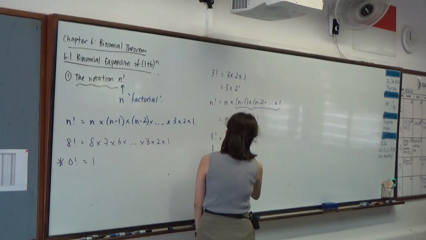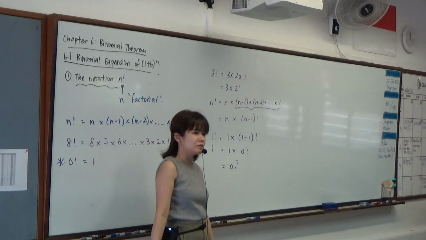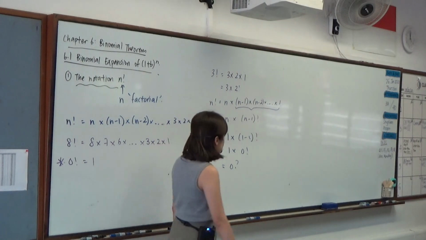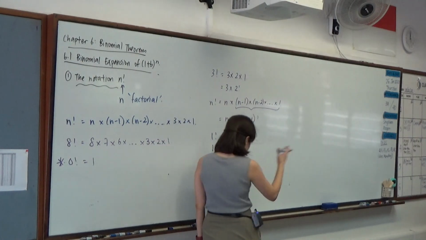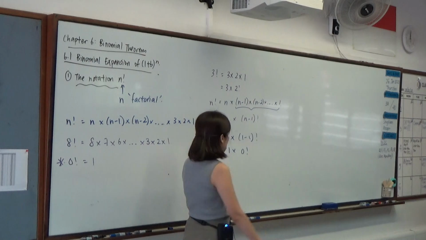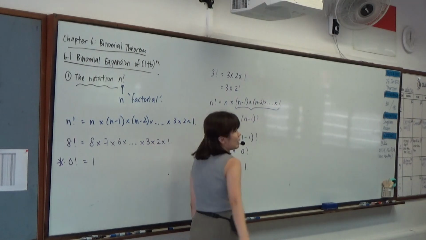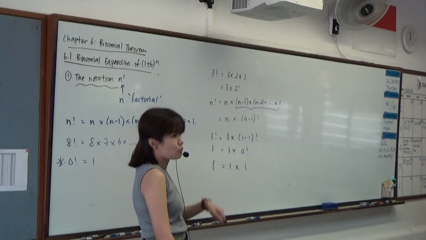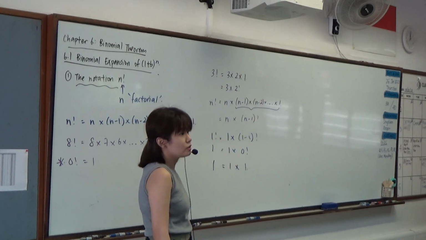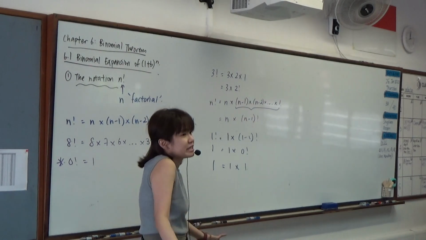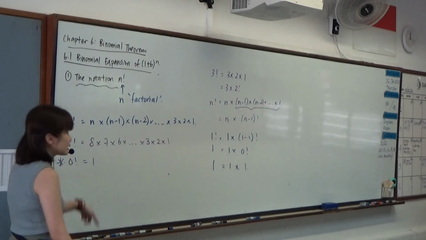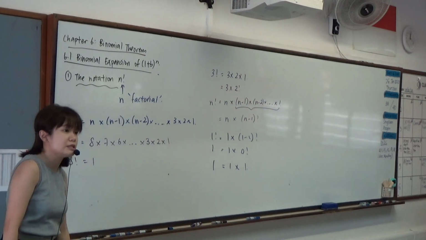Then am I trying to say that 1 is equal to 0? Doesn't make sense, right? So in order for numbers to make sense in our factorial world, 0 factorial must be 1 in order for it to make sense that 1 is equal to 1 times 1. So this is one of those rare cases whereby 0 times something is not going to be 0. Therefore, 0 factorial is 1, it is not equal to 0.